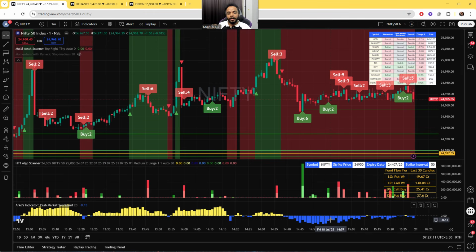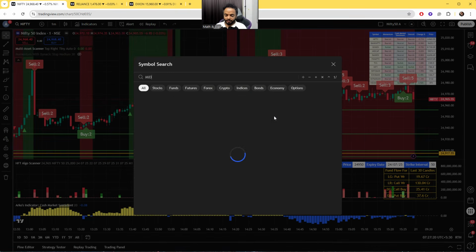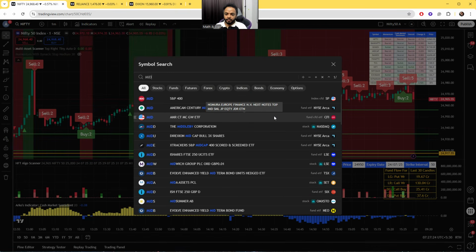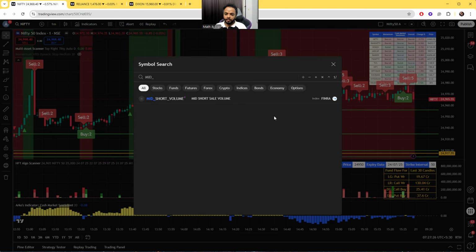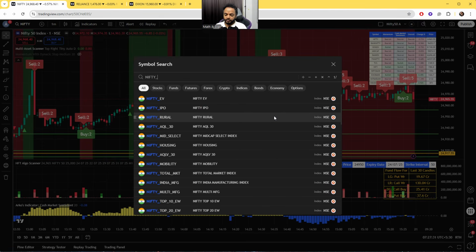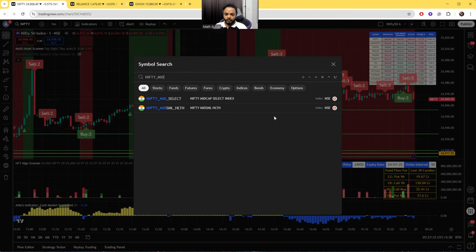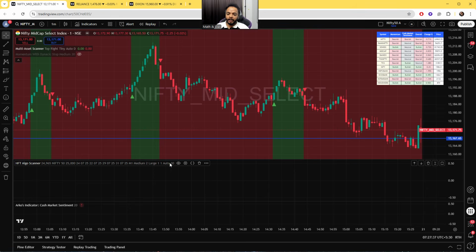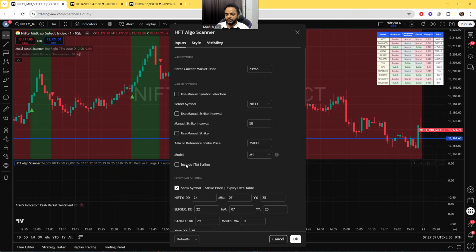Also it won't work on Sensex or Nifty mid cap, where you don't have volumes. Let me show you. Let's select Nifty mid cap, and now you would see that it doesn't work.